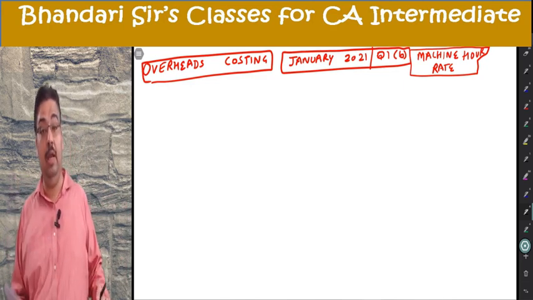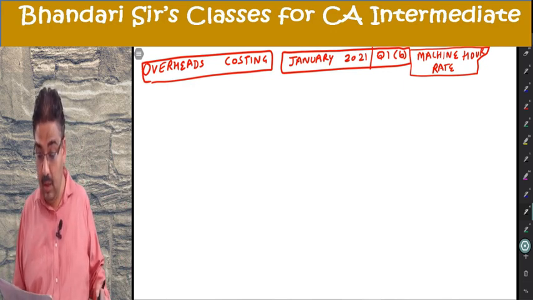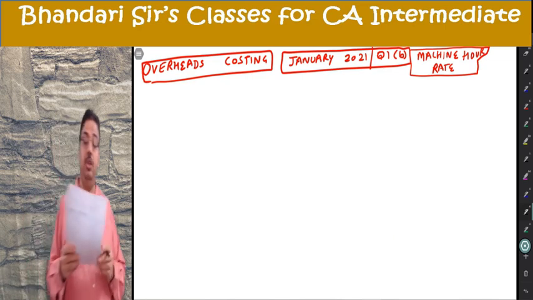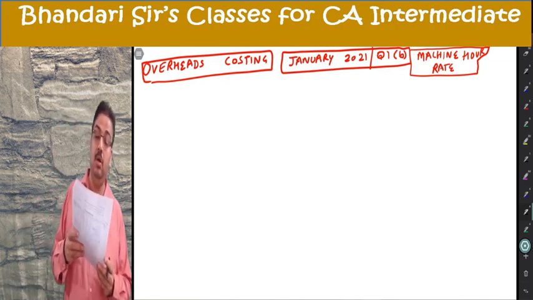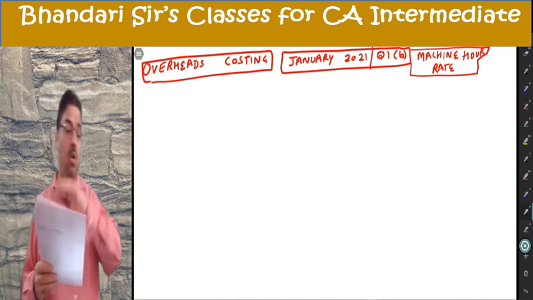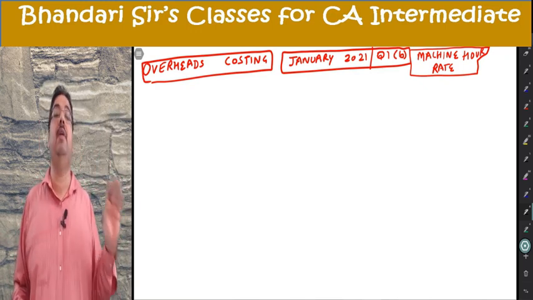Now nowhere here per month is written. So they are for 6 months only. Average rate of wages per day of 8 hours per operator 100. Production bonus is 10%. This is all which will give you operator remuneration and net working hours.